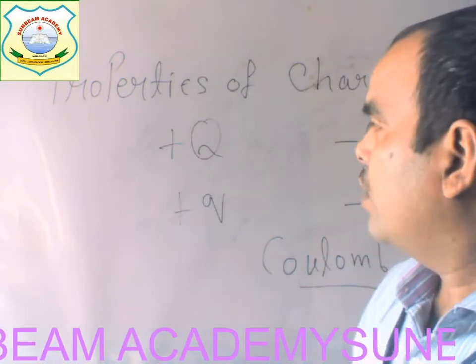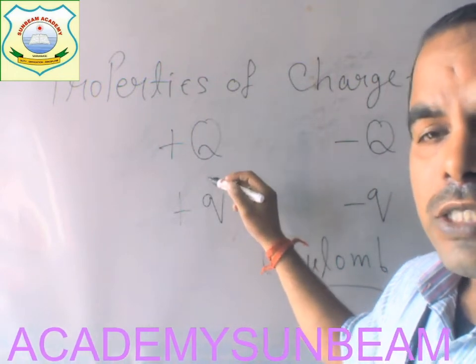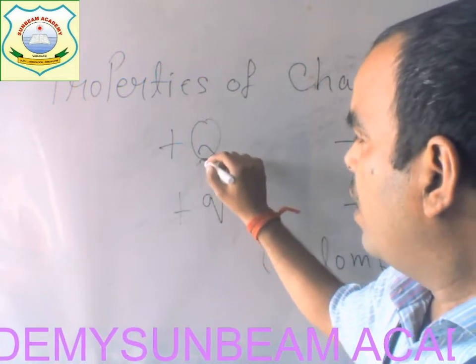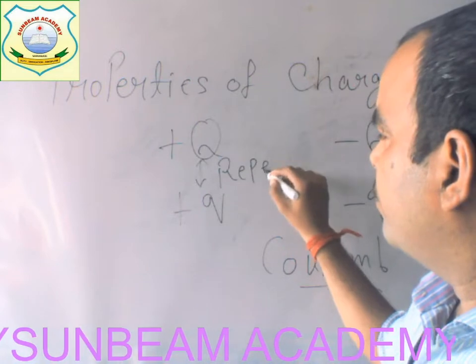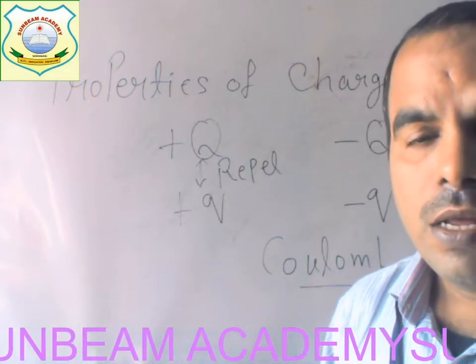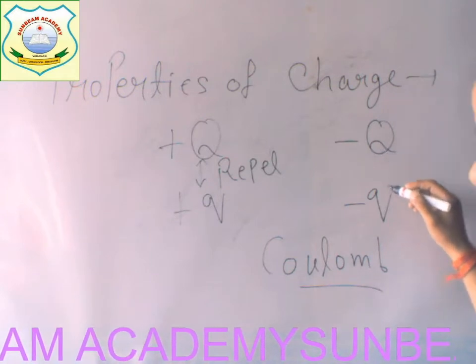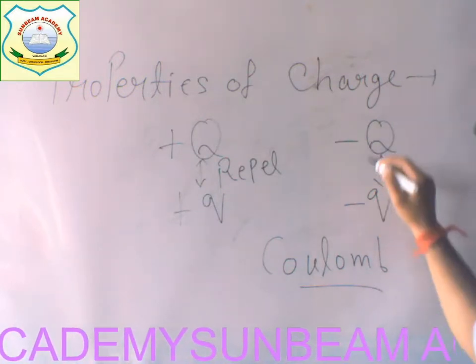That means if we think about plus q and another plus q, they will repel each other. And if we think about minus q and minus q, they will also repel.